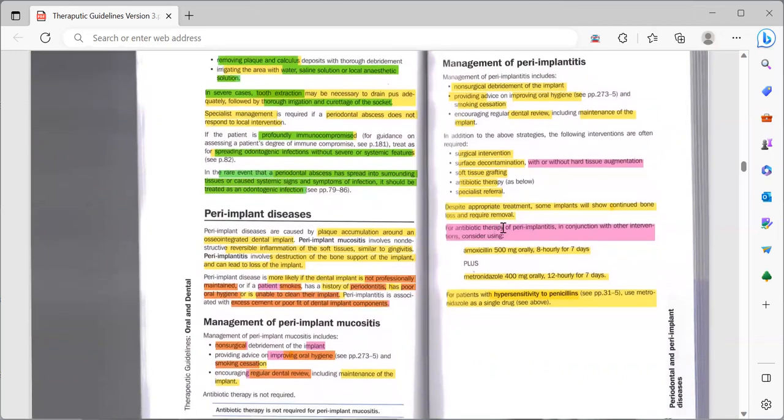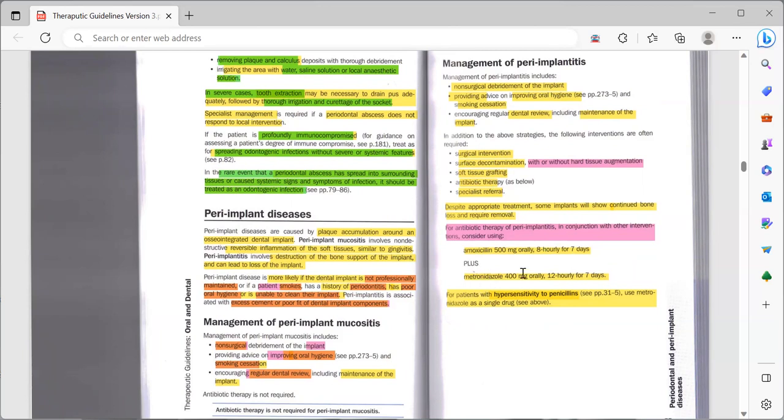For antibiotic therapy for peri-implantitis in conjunction with other interventions, consider using amoxicillin 500 milligram orally 8 hourly for 7 days. So these are the only antibiotics which are prescribed for 7 days. Other than these, generally the antibiotics are prescribed for not more than 5 days.